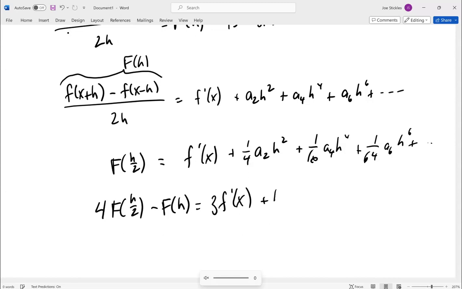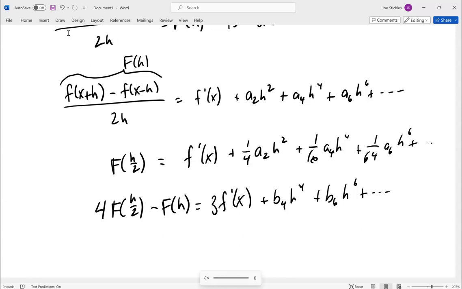I'll just say a b4 h to the 4th, a b6 h to the 6th, and so on. I don't care what the numbers are. I just care that they're constants, so I just rename them. I don't feel like writing them all out. No one cares what they are.